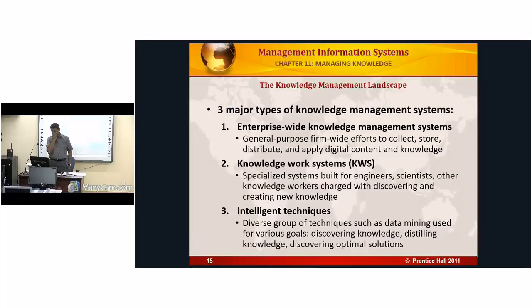So there are three major types of knowledge management systems. Enterprise-wide knowledge management systems. Those are general purpose firm-wide efforts to collect, store, distribute and apply digital content and knowledge. And the other system is knowledge work systems, specialized systems built for engineers, scientists, other knowledge workers charged with discovering and creating new knowledge.